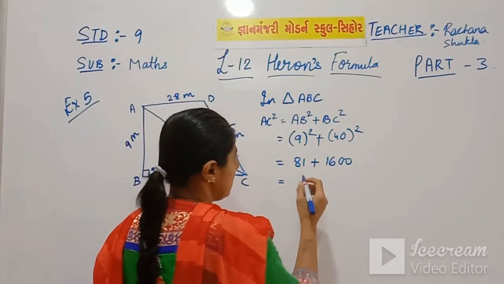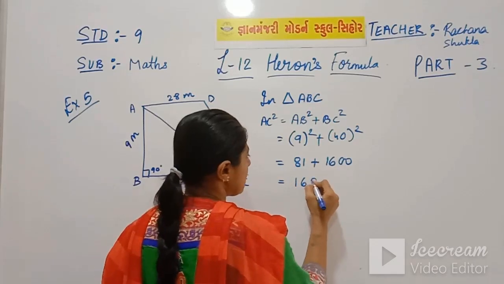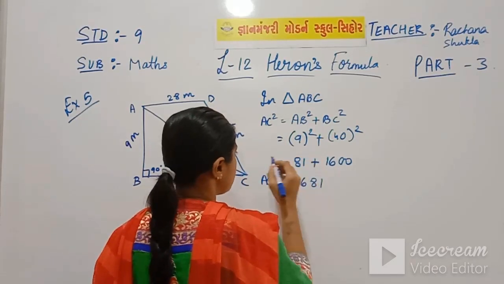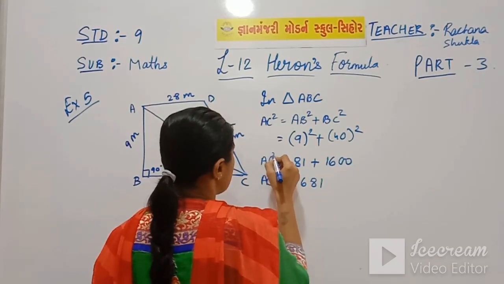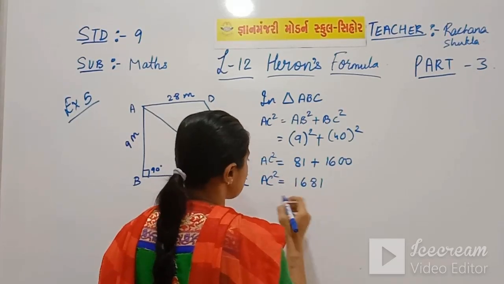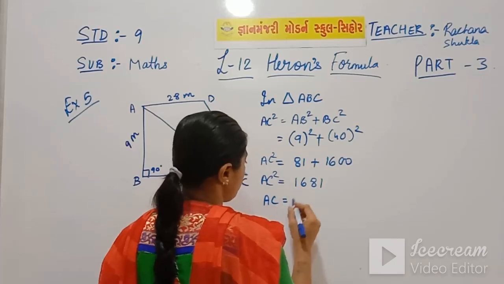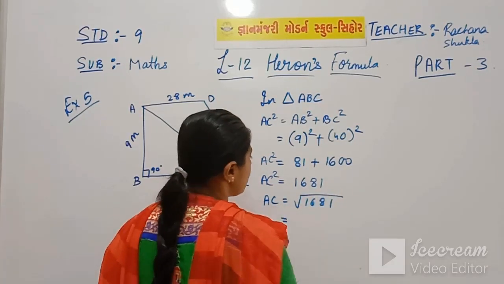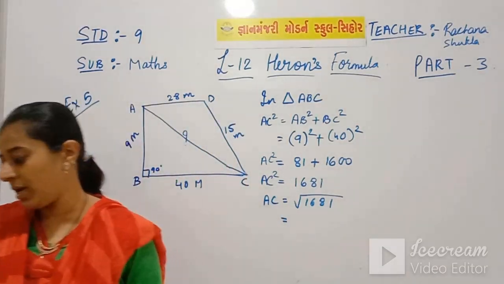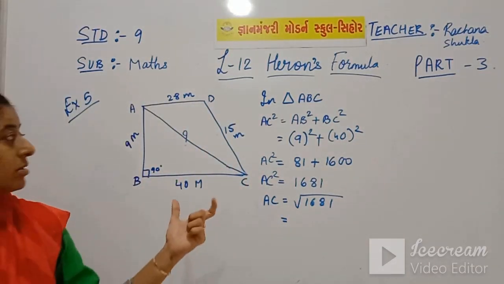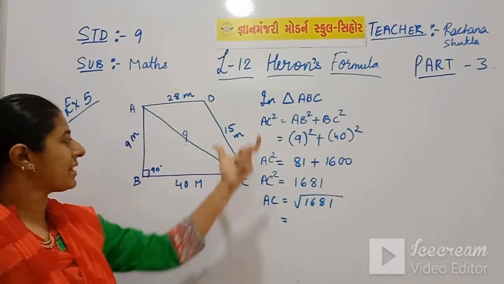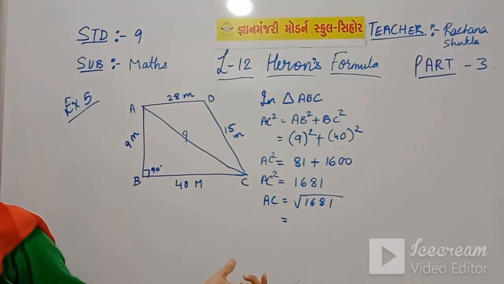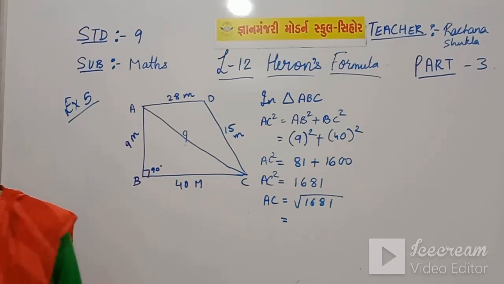81 plus 1600 is 1681. We got AC square as 1681. So if we want to find AC, we take the square root of 1681. By Pythagoras theorem, you can find out AC, and the square root of 1681 is 41.